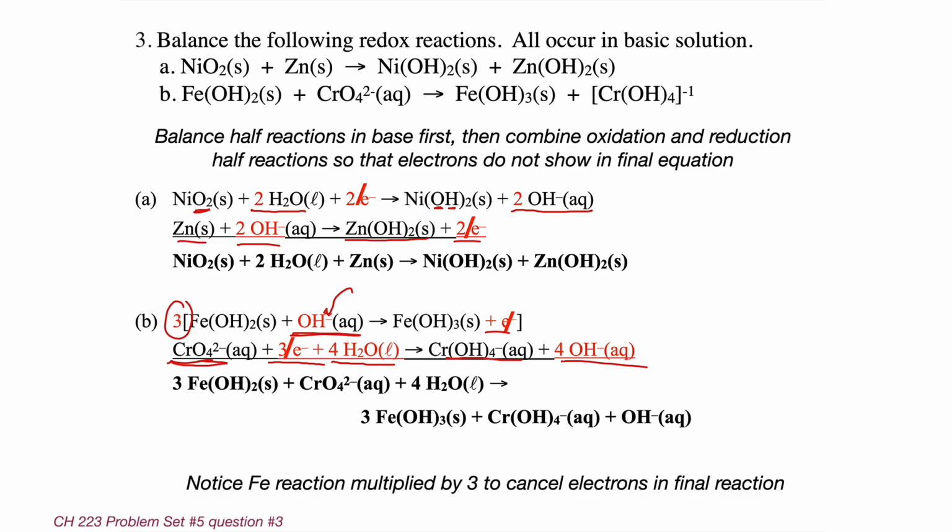And notice here how there were 3 hydroxides on the reactant side and 4 hydroxides on the product sides. So almost all of them cancel, but you still do end up with 1 right there. So this is the final balanced reaction in base. And again, feel free to go back and check it for mass and charge to make sure we're good to go.